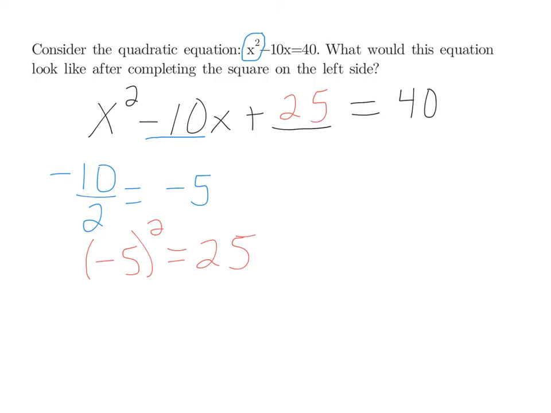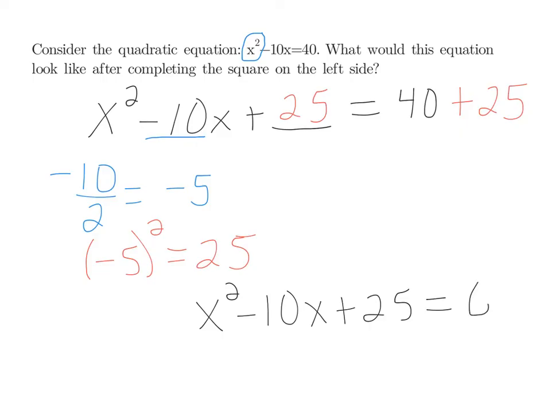But remember, you just added 25 to the left side, so to balance the equation, you must also add 25 to the right side. So when I put it all together, on the left side I get x squared minus 10x plus 25 equals, and on the right side I have 40 plus 25, which is 65.